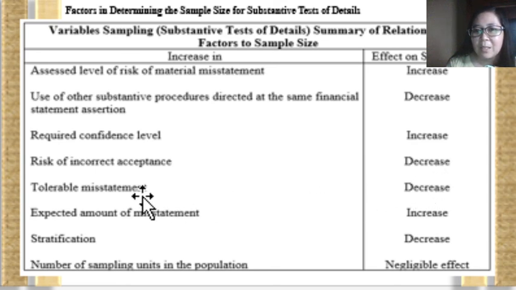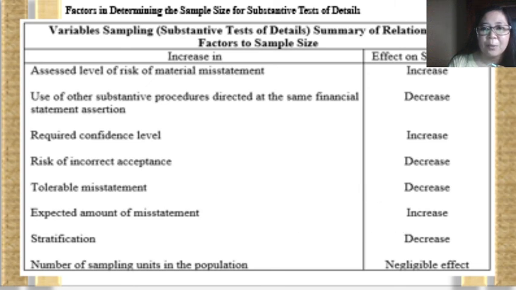Because in this case, if the risk of incorrect acceptance is increased, what will happen to the confidence level of the auditor? It will also decrease. That's why the sample size will also decrease.